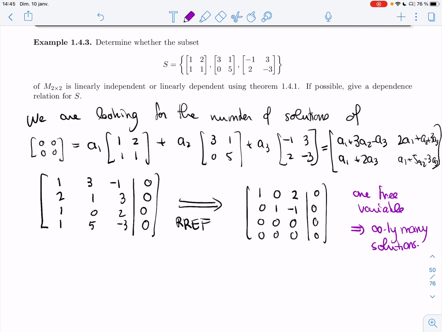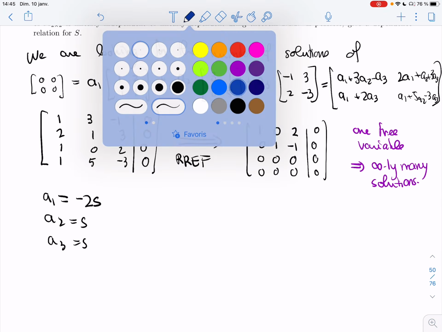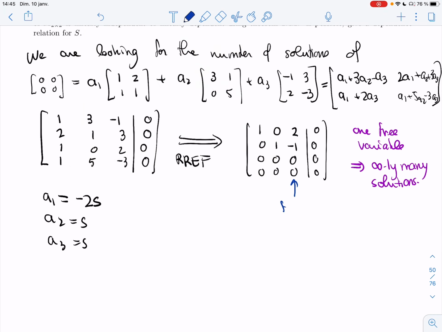And so it's going to be linearly dependent. In fact, if I were to write the solutions, I'm going to get A1 is minus 2s, A2 is s, A3 is s, where s is this free variable here.